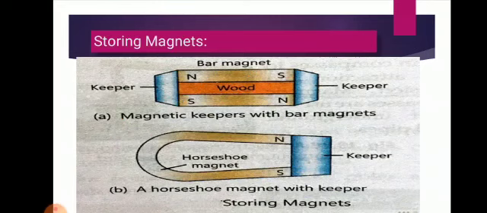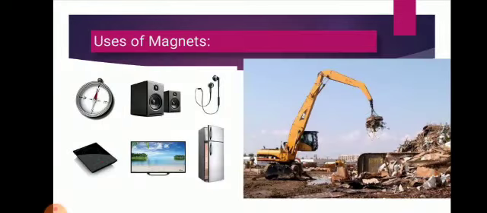Now, what are the uses of magnets? Magnets are used for a large number of purposes. Some useful uses are to hold objects like stickers, refrigerator doors, pencil box lids, pins, etc. They are used to separate discarded iron and steel objects from waste, that is, non-magnetic material.